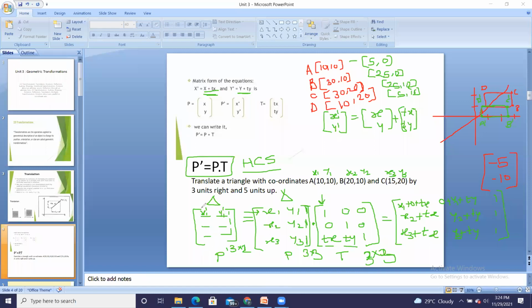So the small work for you is, you have done the calculation for this rectangle A, B, C, D. Simply put the values of x1, y1, x2, y2, x3, y3, x4, y4 and perform the multiplication with the T matrix by putting Tx and Ty values as -5 and -10, and then check whether you are getting the same resultant values.